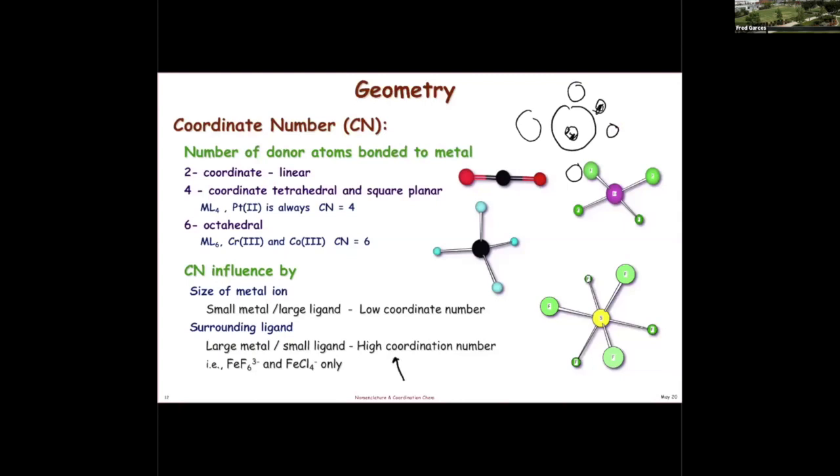So let that be your guide as to whether you would have, if you're given a transition metal and a ligand, what the geometry or what the coordination number should be, whether it be low coordination number and therefore tetrahedral or square planar, or high coordination number and therefore become an octahedral.